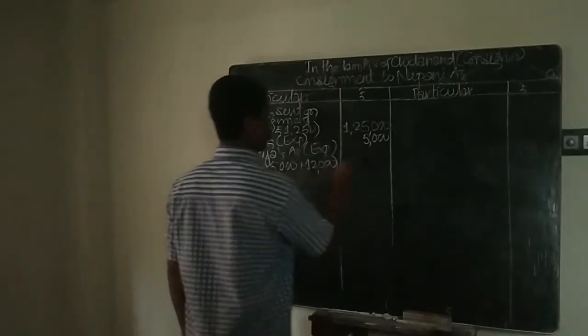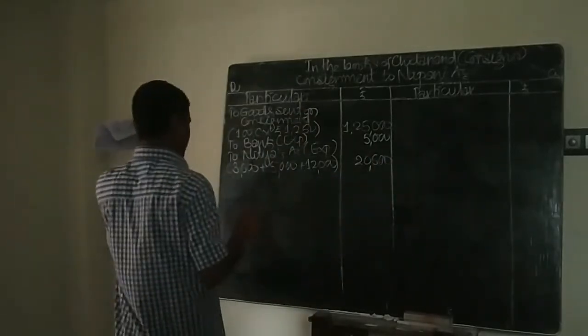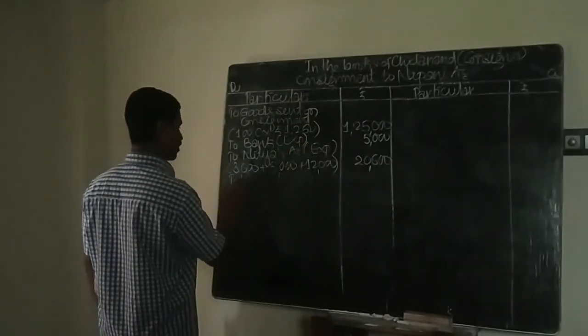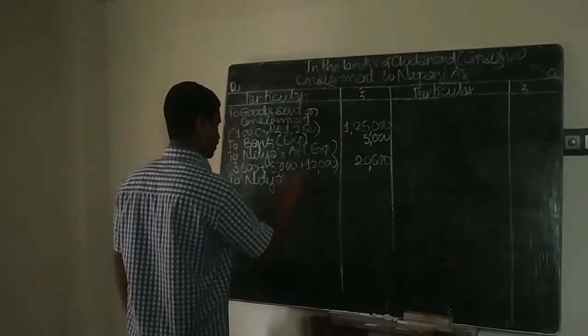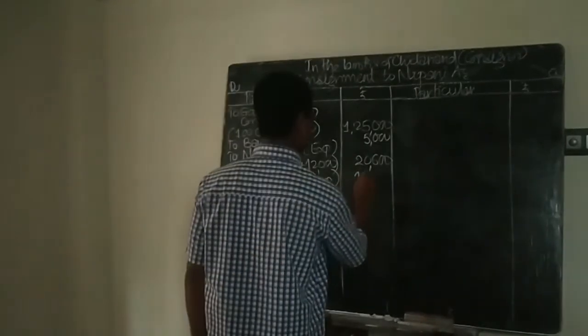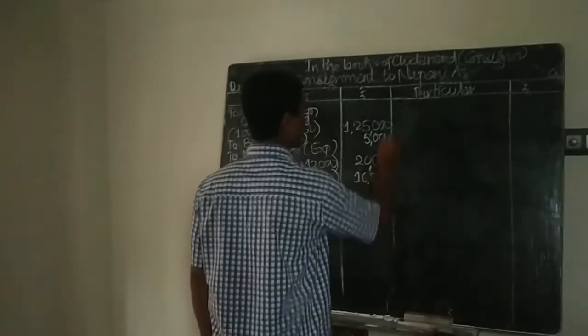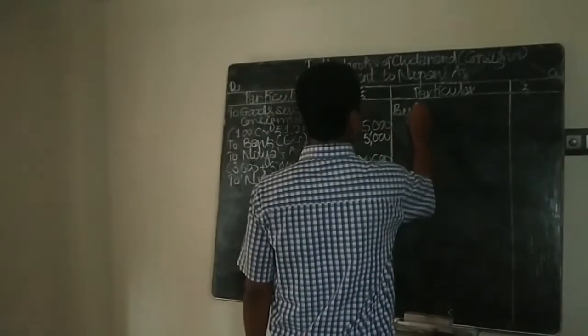So total will be 20,600. When the commission is paid to the consignee, it will be consignment account to Nitya's account. Here you write commission. We have already calculated it in the working note. So 16,200.